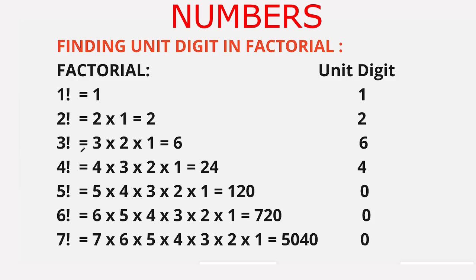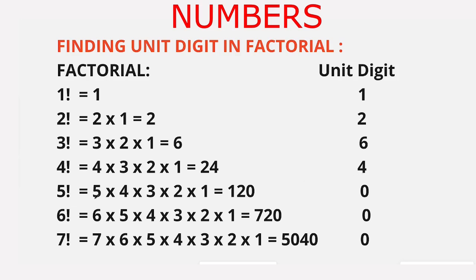Factorial 3 equal to 3 multiplied by 2 multiplied by 1 equal to 6 and unit digit of factorial 3 is 6. Factorial 4 equal to 4 multiplied by 3 multiplied by 2 multiplied by 1 equal to 24 and unit digit of factorial 4 is 4.